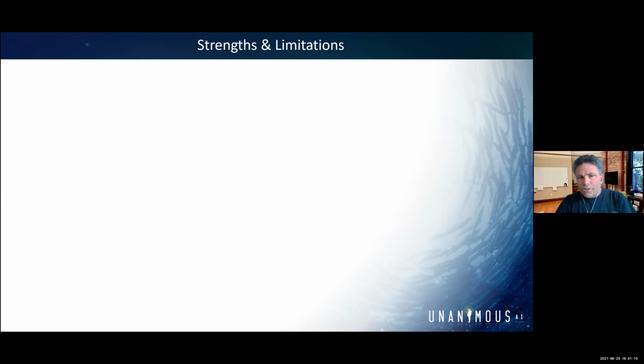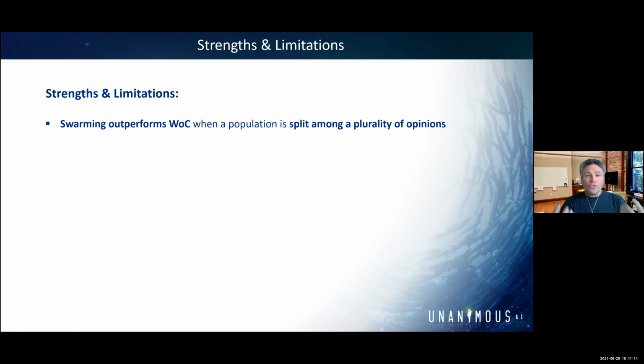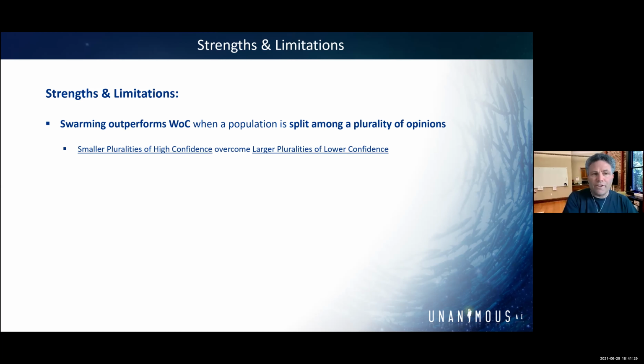And so it brings me to the strengths and limitations. Swarming, we see, outperforms typical wisdom of crowd when the population is split among a plurality of opinions, when you have this diversity of opinions. And we see that small pluralities of high confidence very often can overcome larger pluralities of low confidence, which is really where the strength of these systems lies.